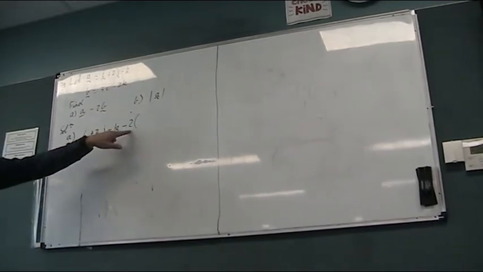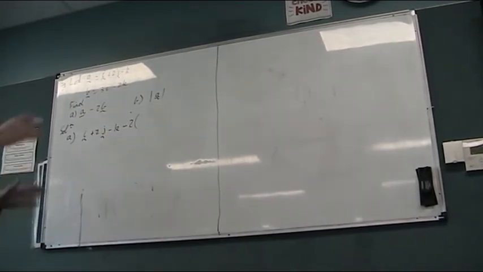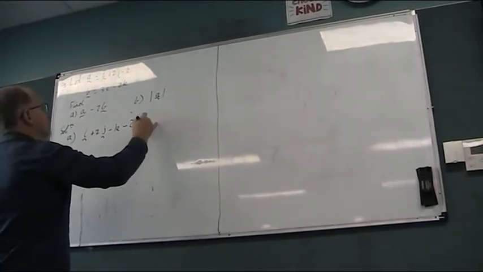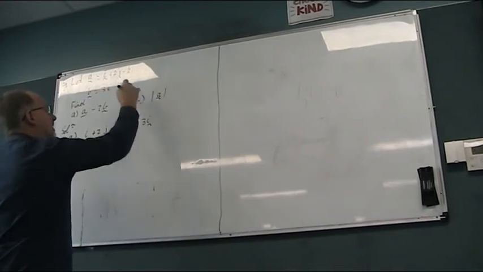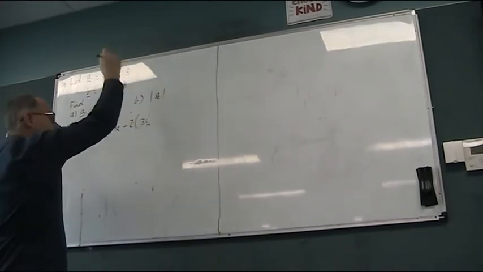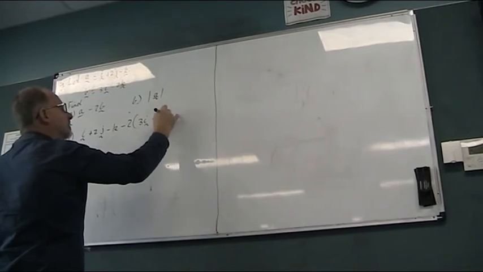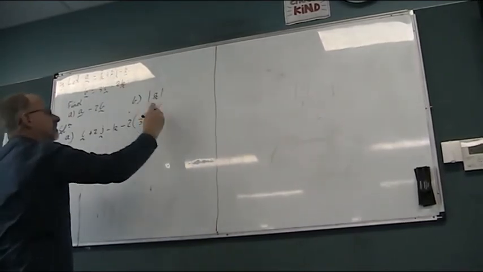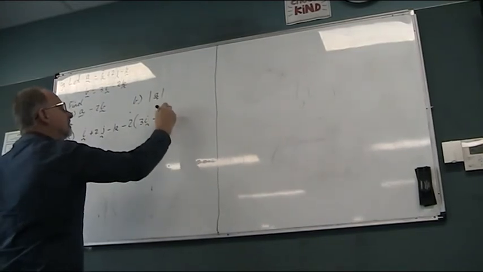There's vector A minus 2 lots of vector B, or you could put them in columns if you like, whatever, doesn't matter. Minus 2 lots of vector B, which is 3i, minus 2, that's a 2 as well, 2k.